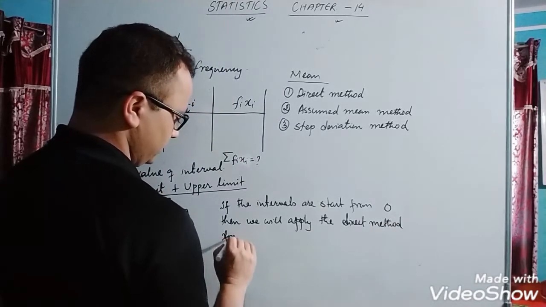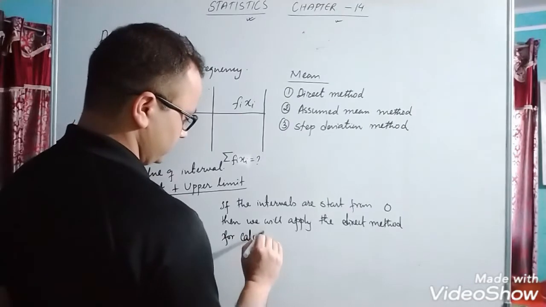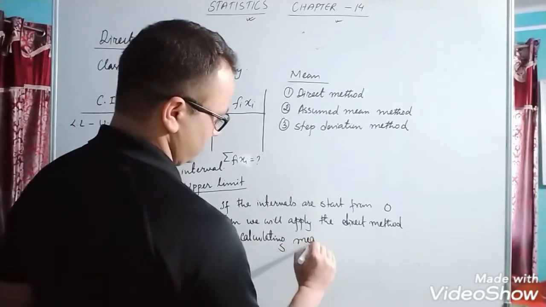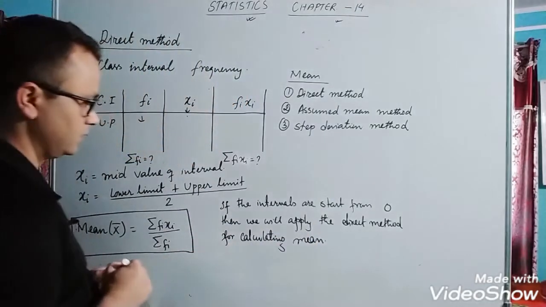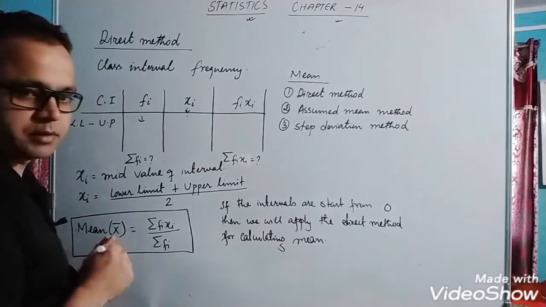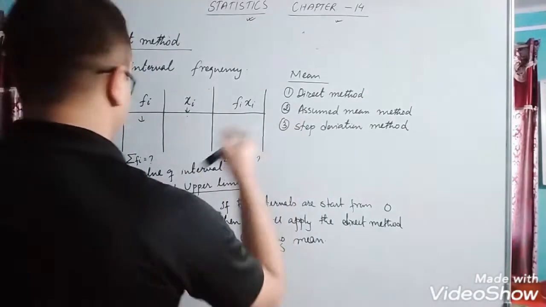Now this is the case of the direct method. Now move to the next method, the assumed mean method.